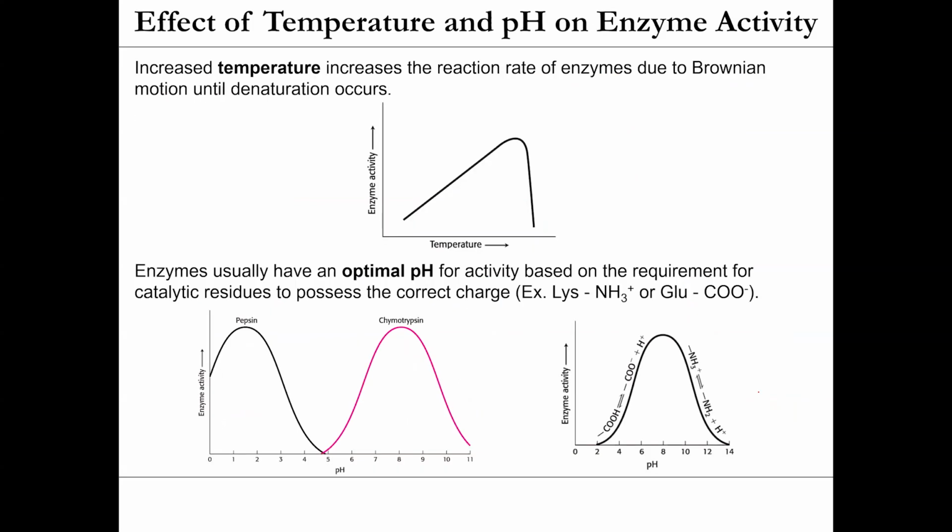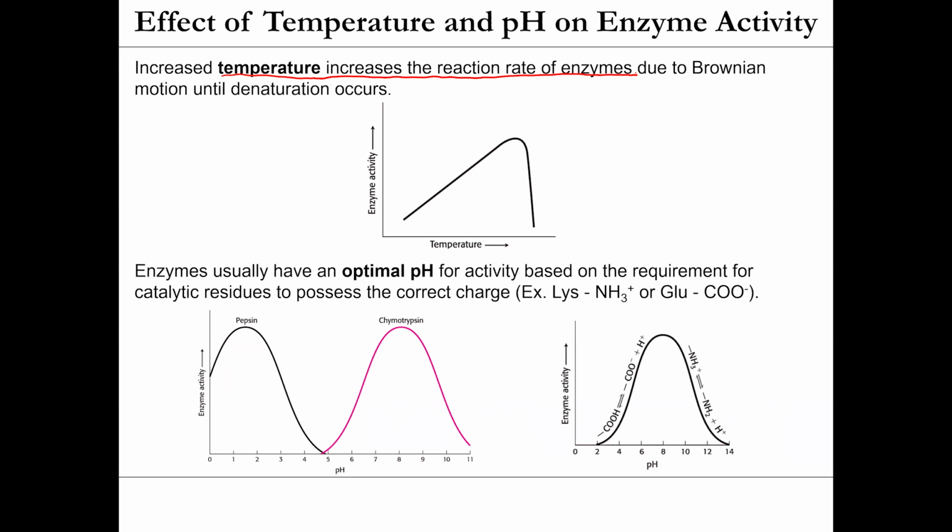And so just lastly, also, since we're talking about catalytic mechanisms, I do want to mention that temperature and pH will have an effect on enzyme activity. So these are the two examples your book talks about. So increased temperature generally increases the reaction rate of all different types of enzymes.